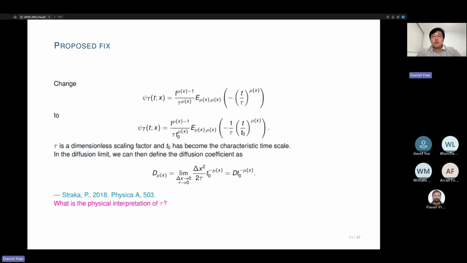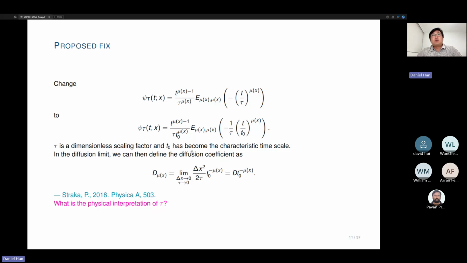So the proposed fix to this is to introduce another timescale. If this is your old waiting time, the naive version of your waiting time, then we introduce another timescale called T0 that will rescale my global time, T. You basically rescale T with T0, and you also have an extra factor of tau outside.